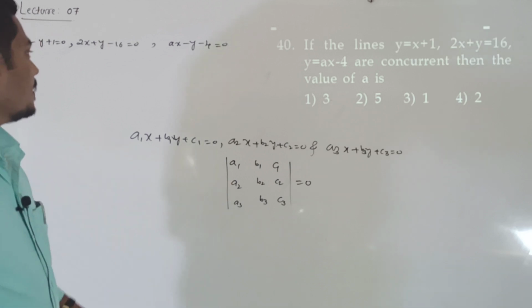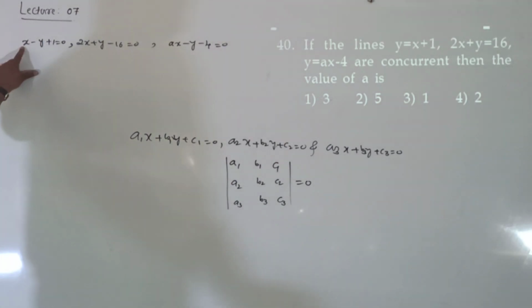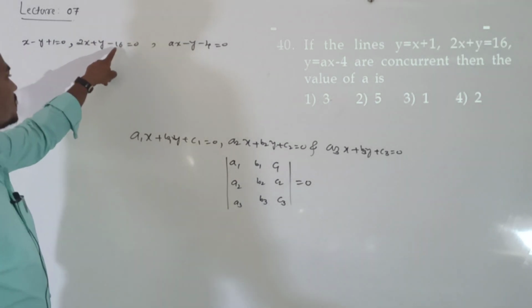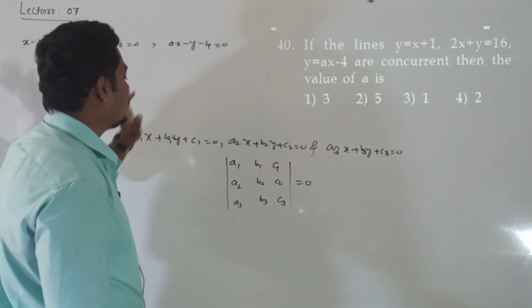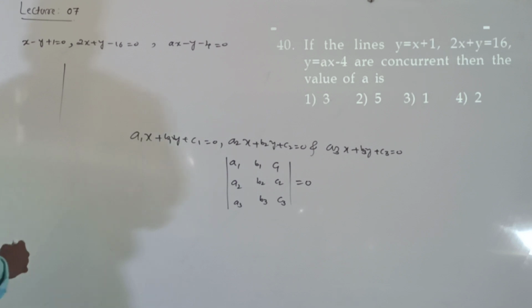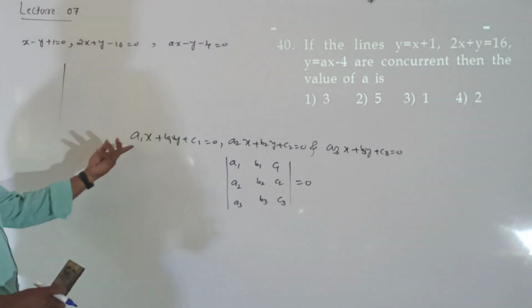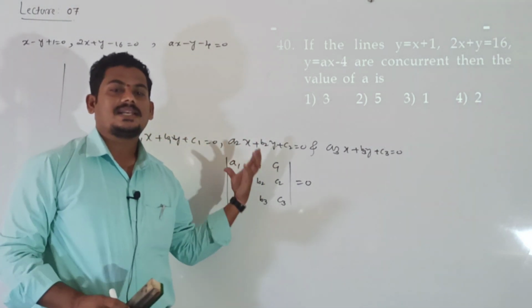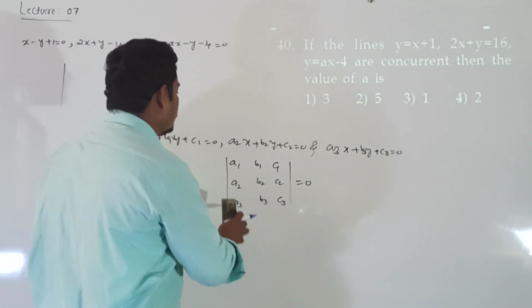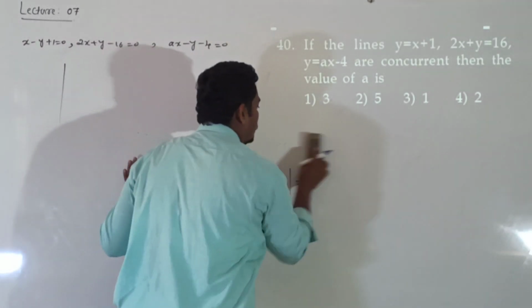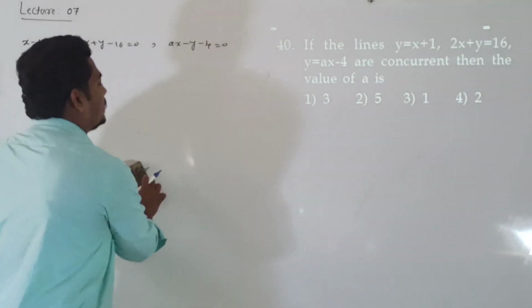Just use this formula. Here the coefficients of x, y and constant in the first line are a1 b1 c1, and so on. From the concurrent lines condition, the determinant of their coefficients equals 0. Then you get the a value.